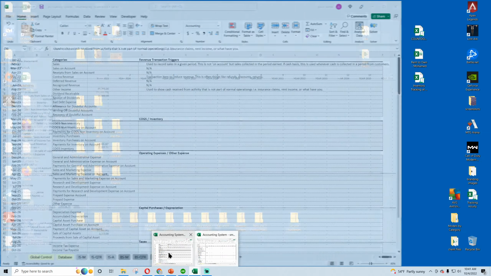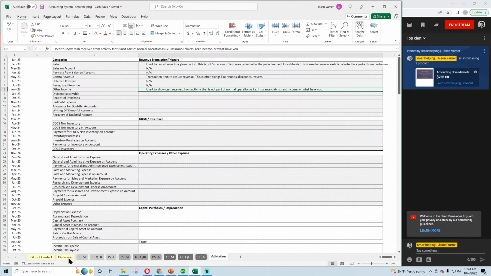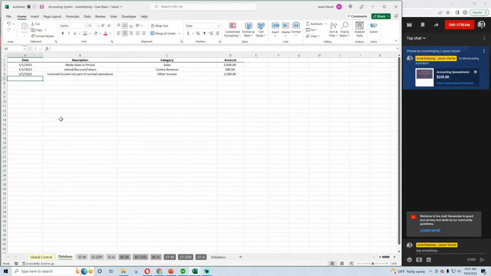On the cash basis, what we would do is either you could record it as other income, or if you want to have it separated out into dividends, let's say in March, you would just put both entries in the same month.